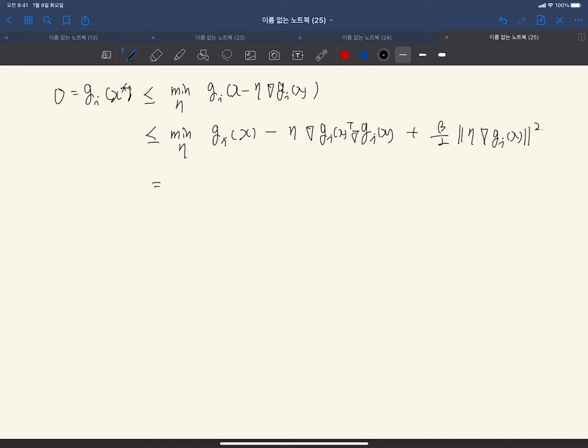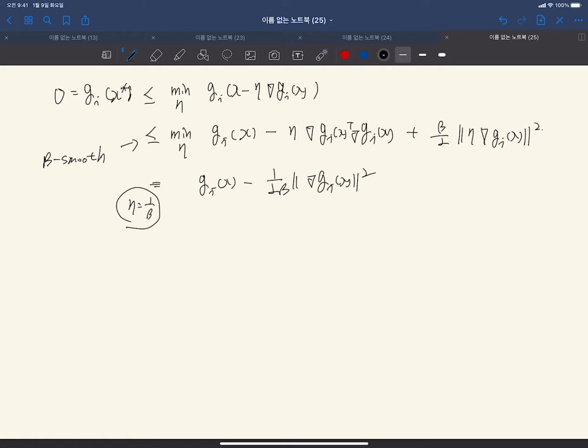This is minimized when eta is equal to 1 over beta, and this value is g_i(x) minus 1 over 2 beta times the norm squared of the gradient of g_i(x). Okay, this comes from beta smoothness, and this comes from the optimal step size 1 over beta.